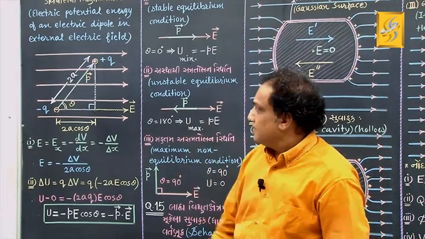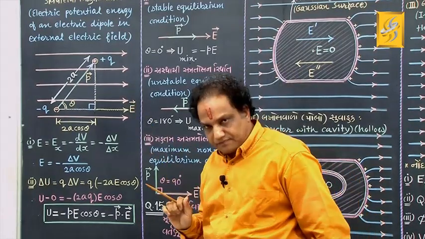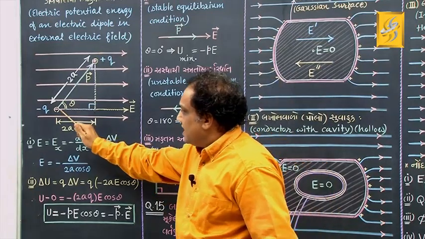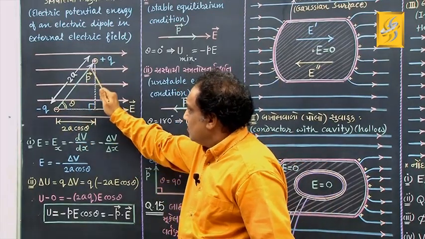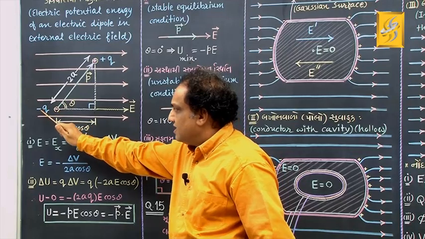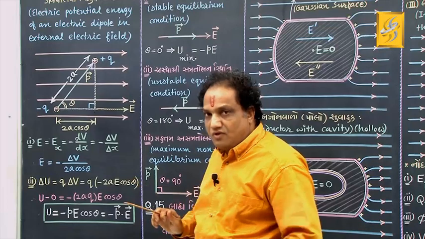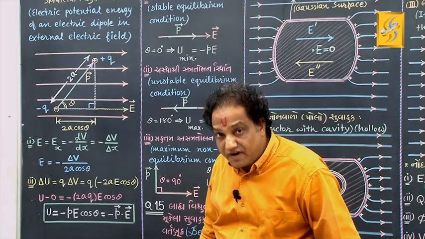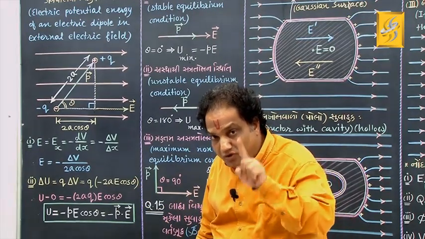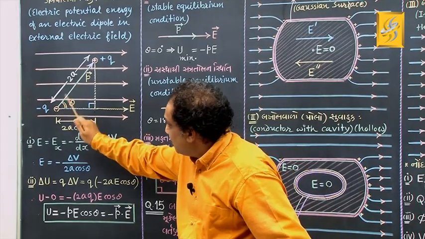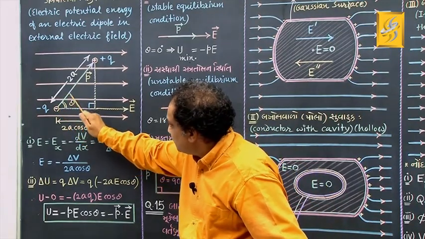Now consider this figure, in which you can see there is one electric dipole whose negative charge is here, I have written minus q, and whose positive charge is here, plus q. Where is the direction of electric dipole moment vector? Vector small p is from negative to positive charge, in this direction.